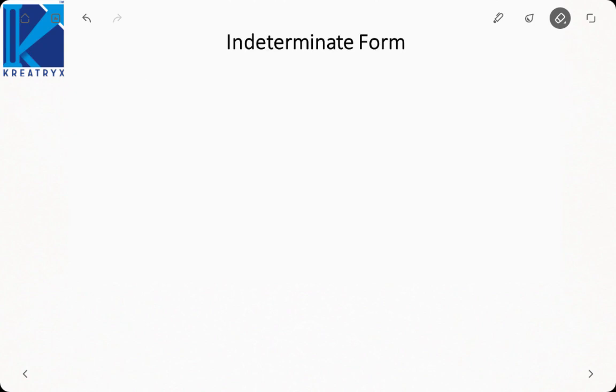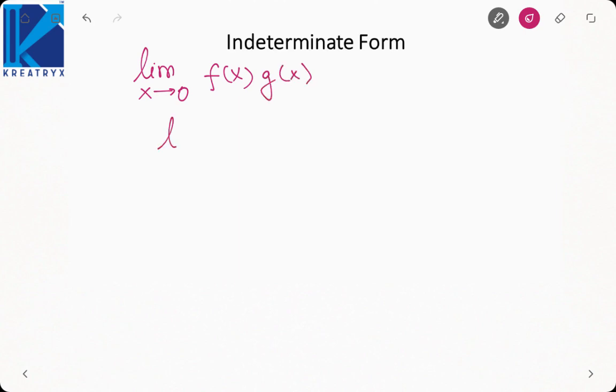Now suppose we have a limit like limit x tending to 0 of f(x) g(x), where limit x tending to 0 of f(x) will be 0, let us say, and limit x tending to 0 of g(x) will be infinity.